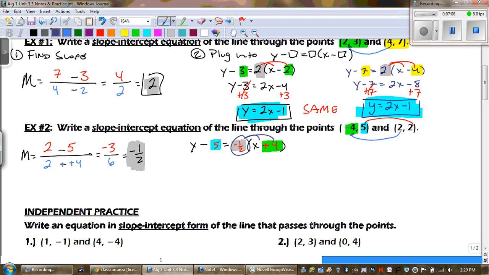Go ahead and distribute. We get y minus 5 equals negative 1/2 x minus 2. The next thing to do would be to add 5 to both sides, and we get y equals negative 1/2 x plus 3.